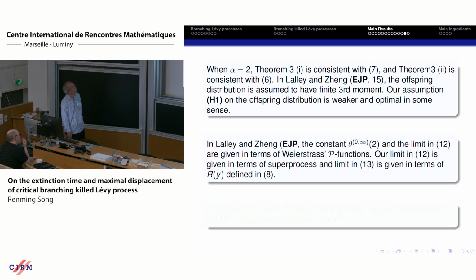As I mentioned before, in Lalley and Zheng's result, the constants are given more or less in terms of the Weierstrass p function. Our limit is given in terms of the super process or in terms of the harmonic function R. So in some sense, at least in this case, we have a probabilistic interpretation of the limit also.